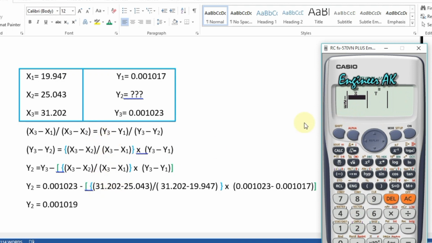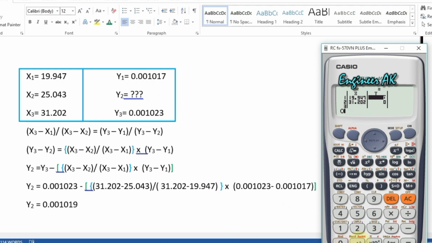Then, as I told you, you have to enter the first and the third values: in 1 you put the first value, and in 2 you put the third value. So our first value is 19.947, and our third value is 31.202. Here we go.